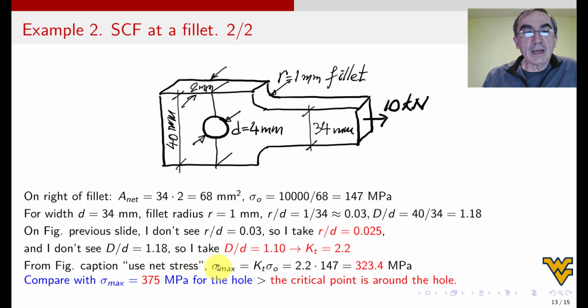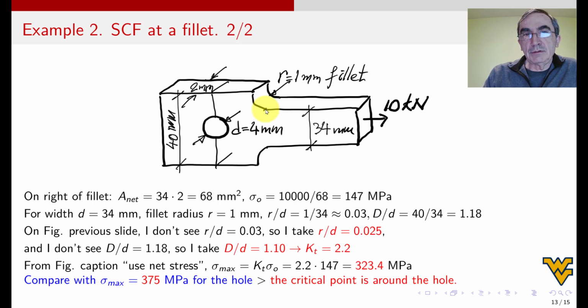From the caption, use net stress, calculate this, which is 147, is right here, multiply by my number, which is 2.2, and it's 323. So that means that the maximum stress at the root of the notch, right there, is going to be 323.4 or something like that.